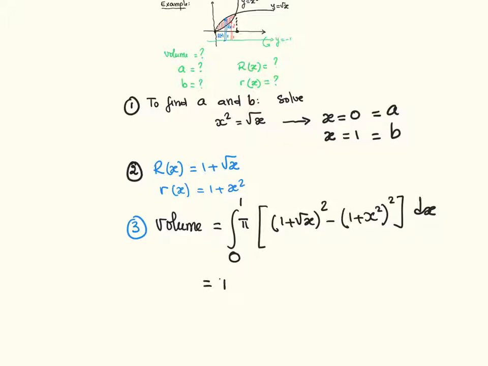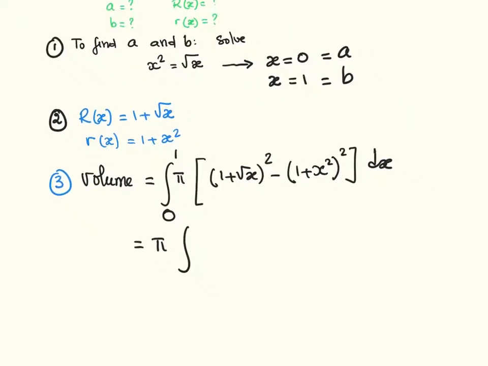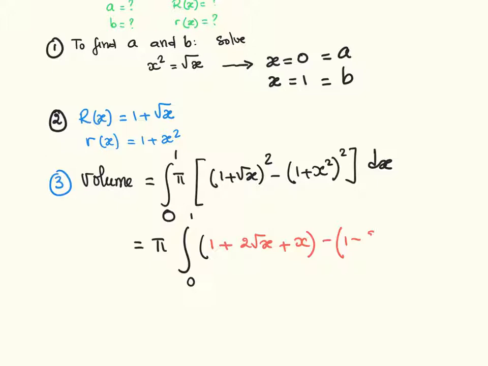Now pi can come out of the integral and we will get the integral from 0 to 1, and we can open these brackets, so it will be 1 plus 2 square root of x plus x, minus 1 minus 2x squared minus x to the power of 4, all of this dx, and then it will be pi.